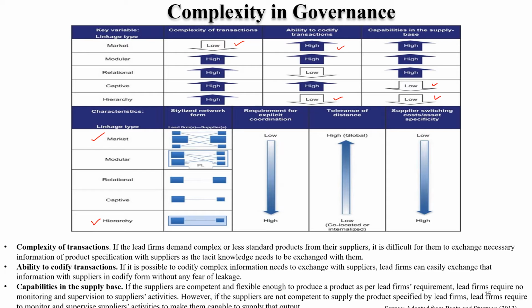So the success of global value chains in international trade depends on this particular relation. Governance is a very important aspect for the success of international trade.